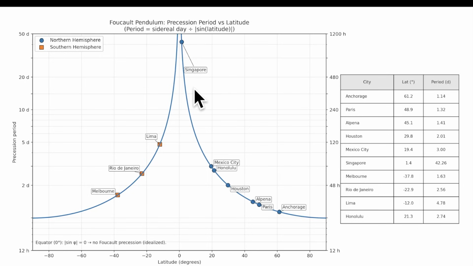And in the northern hemisphere, you get clockwise rotation, as noted by the positive values here. So not only does the Foucault pendulum follow the predictions of a rotating globe Earth, it also reverses at the equator. And there is no explanation for that on the flat Earth, because the equator is just another range line going out from the North Pole.